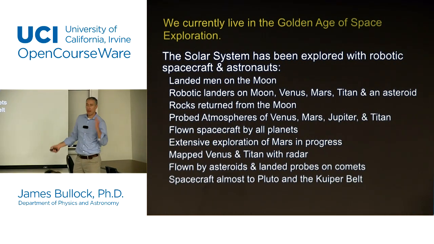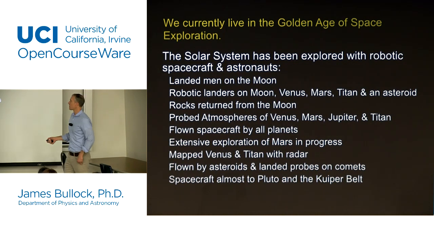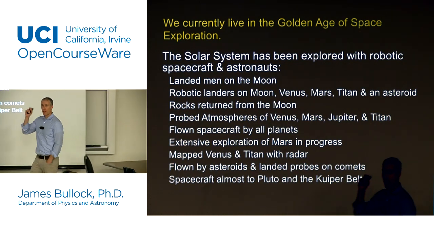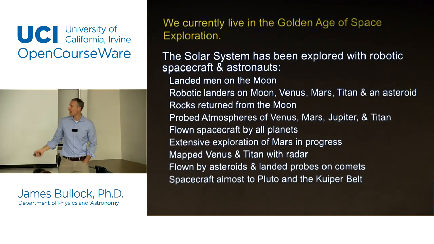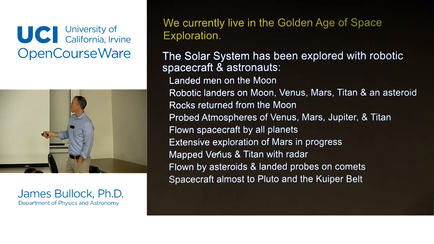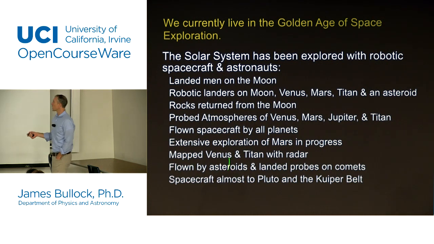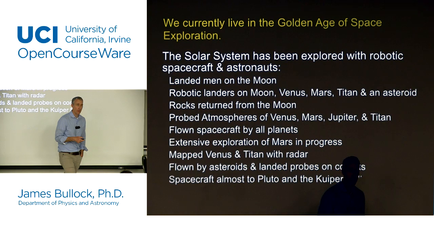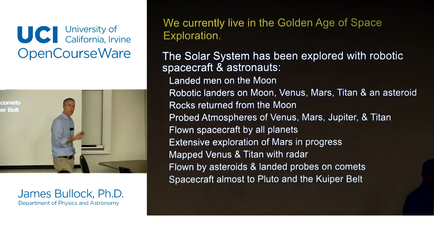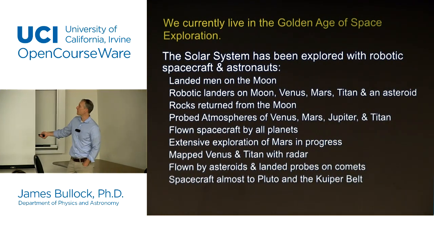We've sent spacecraft by or near all the planets, and we currently have a mission that's very close to Pluto, locking into orbit around Pluto right now. We've got all kinds of exploration of Mars in progress, with rovers driving all over Mars. So we've really done an amazing number of things to map out and understand our solar system. There's a lot more we want to do, but in terms of mapping out our solar system, we've already done quite a bit.